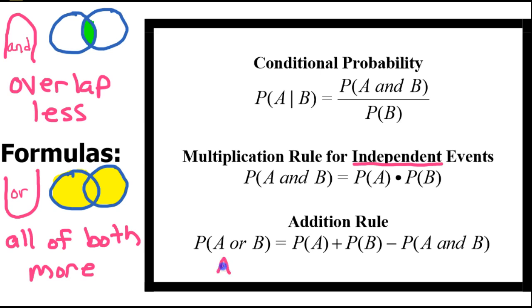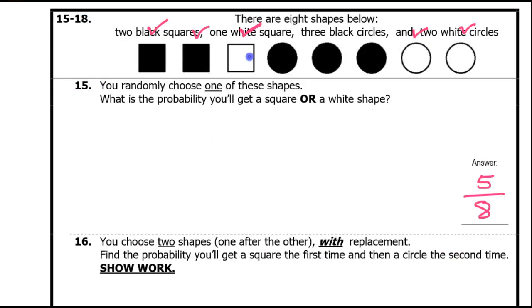A or B is equal to A plus B minus the overlap. So I want the probability of square or white. Square or white is equal to square plus white minus the overlap.